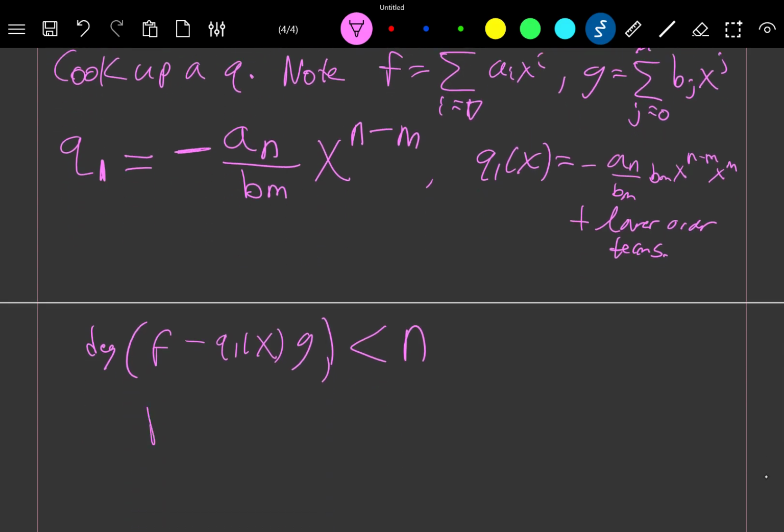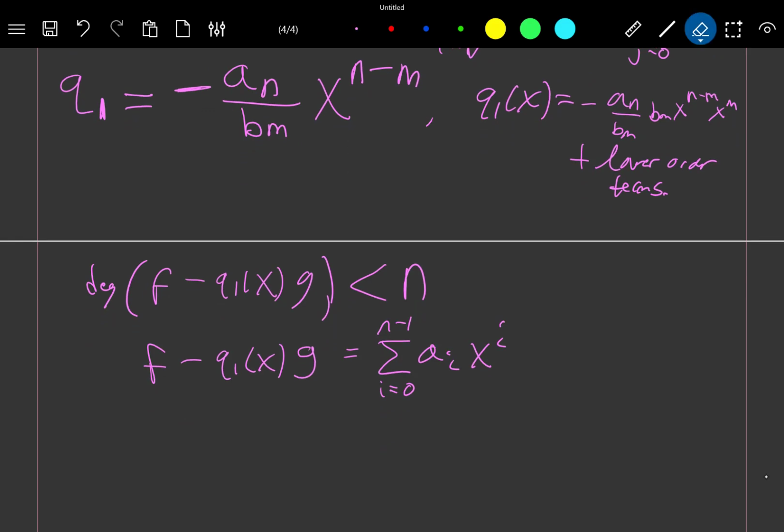Here we can find that this is a polynomial, and it might look something like the sum from i equals 0 to n minus 1 of c_i x to the i.